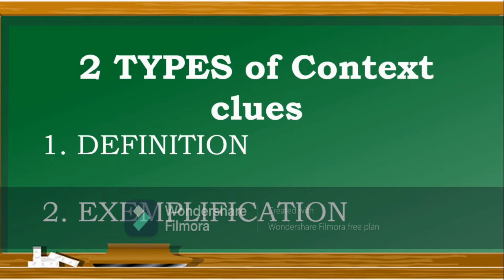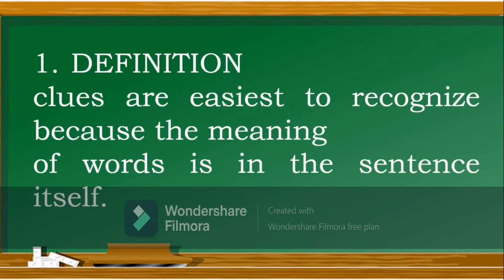There are two types of context clues. First, you have the definition context clues, and you have the exemplifications. What is the difference between the two? Let's start with definition. Definition clues are easiest to recognize because the meaning of the word is in the sentence itself.